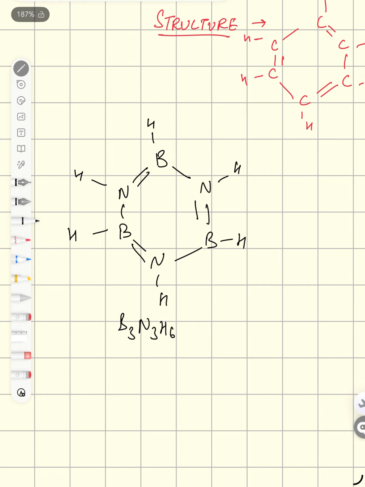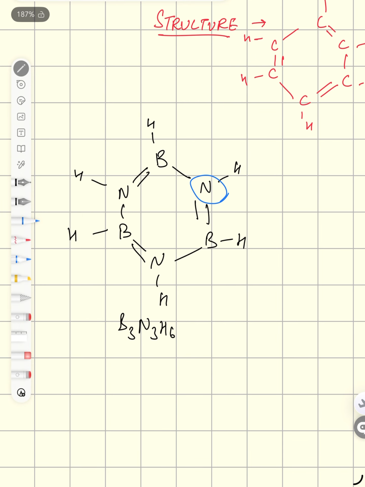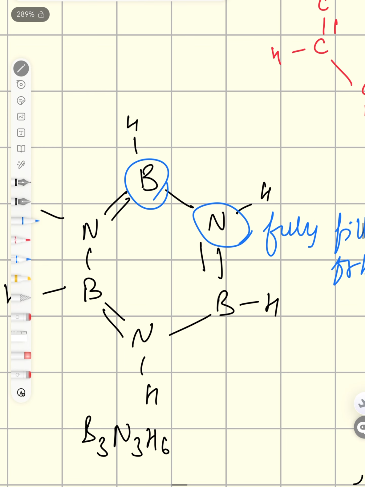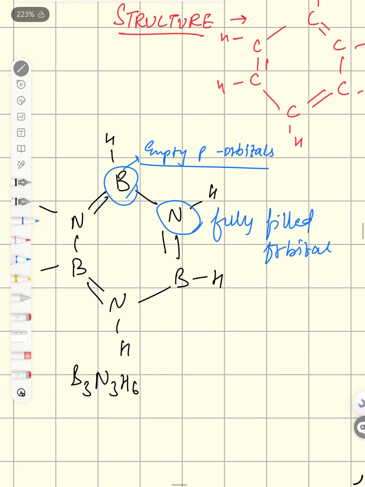That is borazine. Here again, the nitrogen atom has a fully filled orbital, whereas boron, being electron deficient, has empty p orbitals. Therefore, the transfer of electrons will take place, as we discussed in the previous video on back bonding.